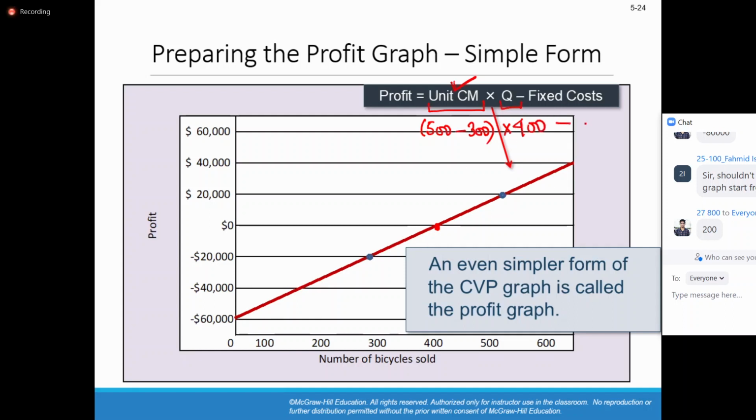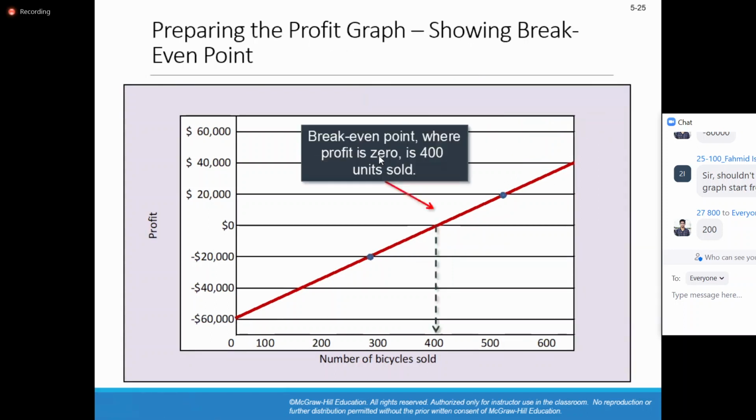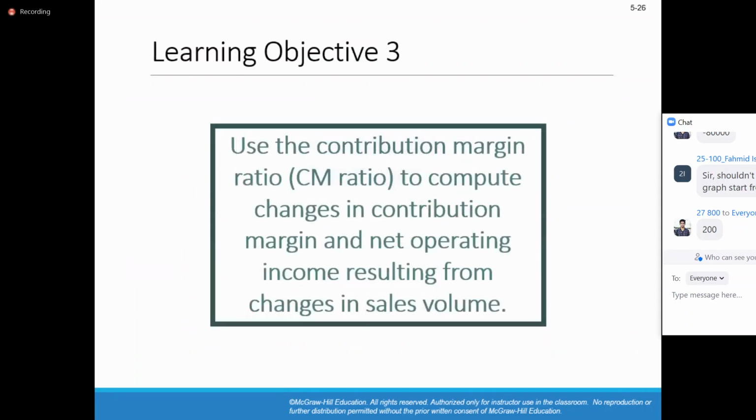And if we subtract 80,000 fixed expense, we get profit is equal to 0. So this equation is behind this straight line or the linear line. So we see that there is a linear relation between the number of bicycles sold and the profit, but it rarely happens, the linear relation between the number of units sold and the profit generation.